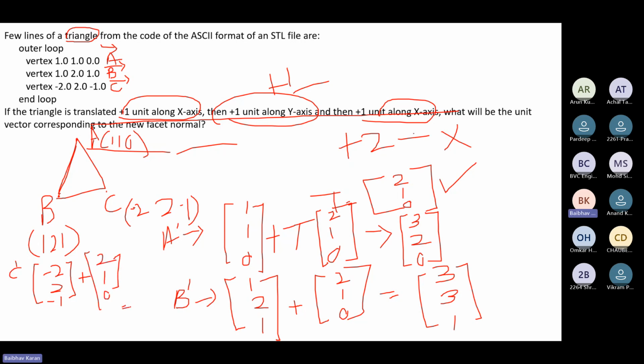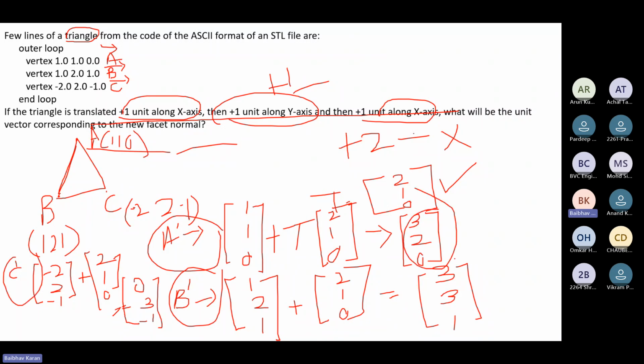It will be -2 plus 2 is 0, 2 plus 1 is 3, -1 plus 0 is -1. Now you get it. The new points A dash, B dash, and C dash are 3, 2, 0; 3, 3, 1; and 0, 3, -1. These are the three coordinates, right?